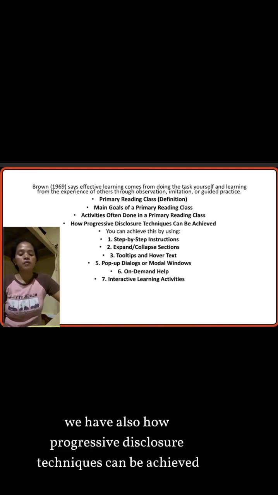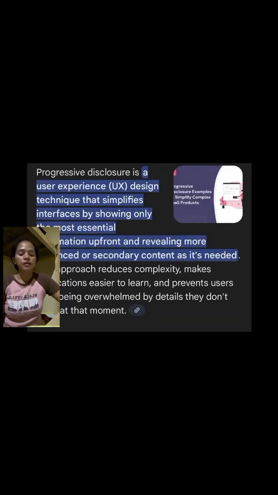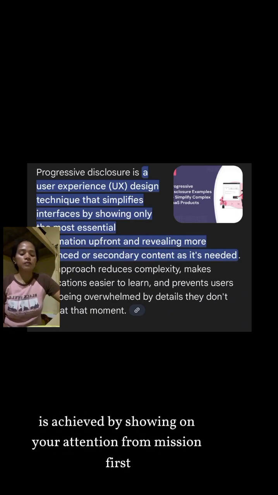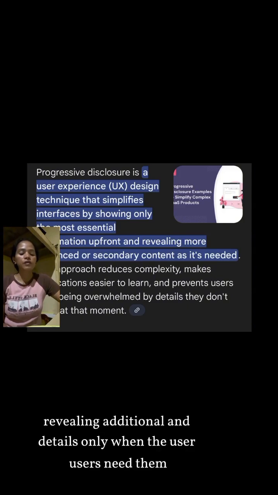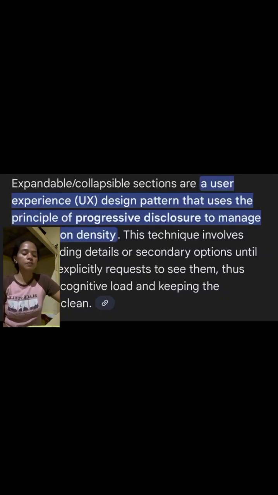We also have how progressive disclosure techniques can be achieved. It is achieved by showing only essential information first, revealing additional details only when the users need them, using techniques like step-by-step, buttons, drop-downs, tooltips, and tabs.